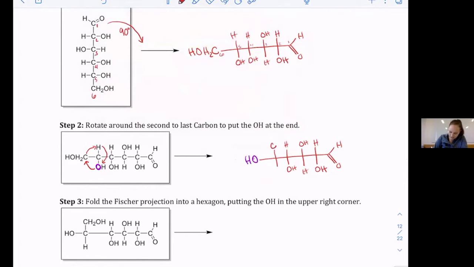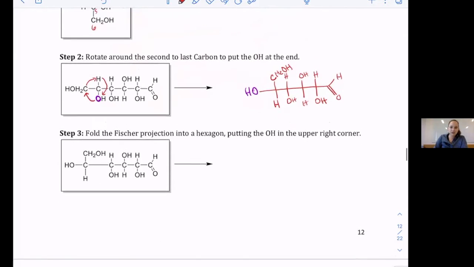So now we'll have CH2OH, and on the bottom, our hydrogen. So it's still that same enantiomer. We're not changing the enantiomer at all. We're just rotating that carbon to a new orientation.